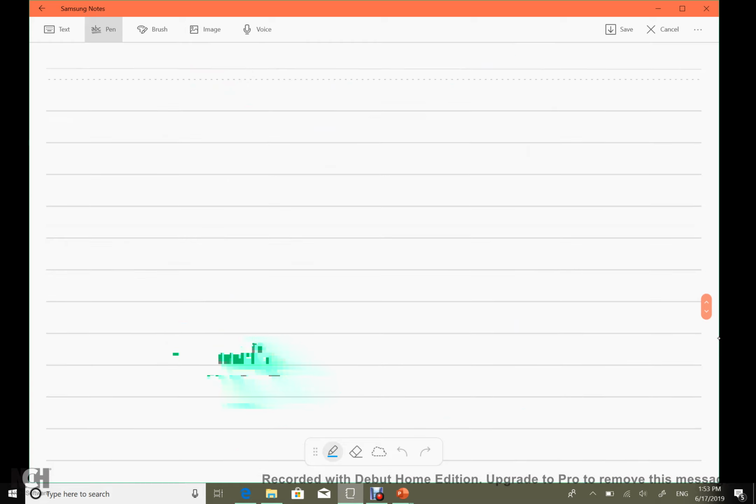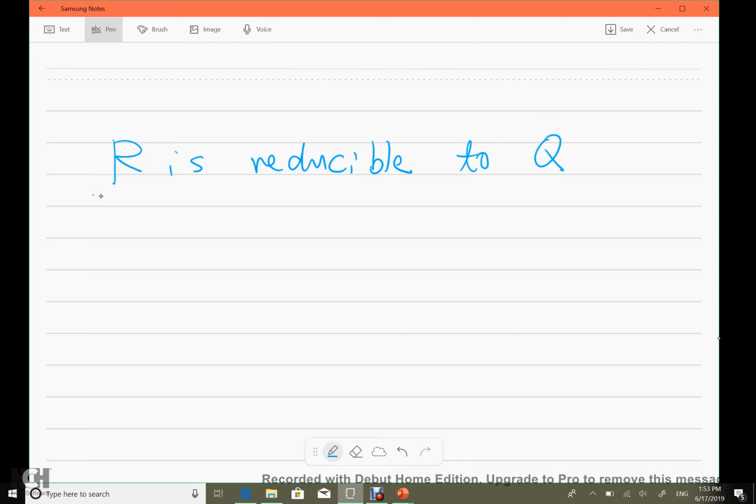Okay, R is reducible to Q. How do we understand that? R is reduced to Q, what does that correspond to?